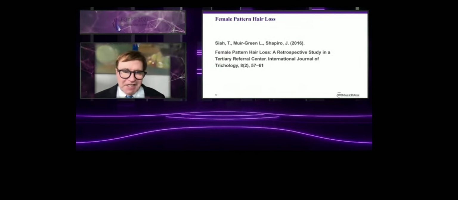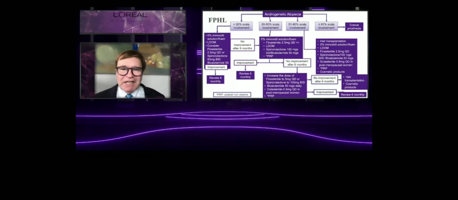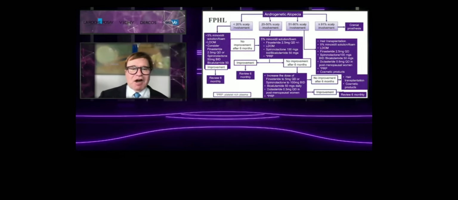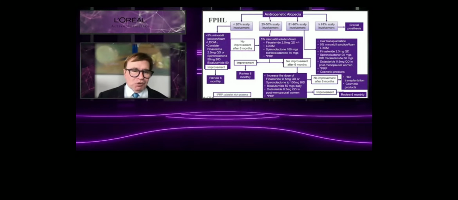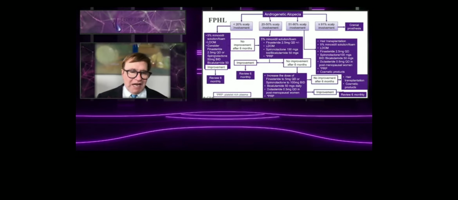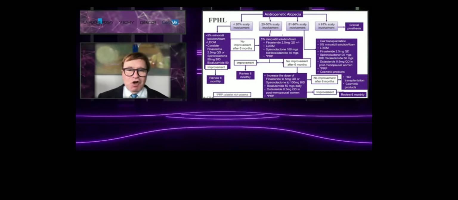This is an algorithm that we produced in our paper. If patients have less than 20% scalp involvement, consider 5% minoxidil solution, low-dose oral minoxidil, finasteride 2.5 milligrams daily, or spironolactone or bicalutamide. If there's improvement, review every 6 months. No improvement, go into this box, which is 20 to 50% scalp involvement.